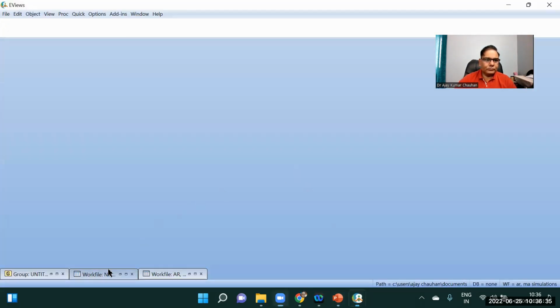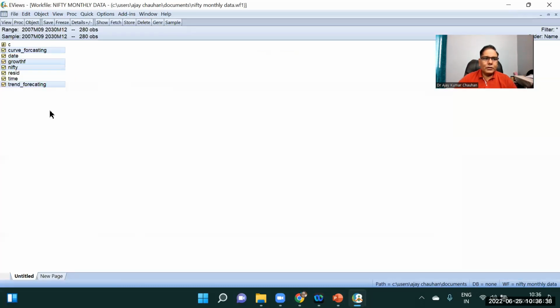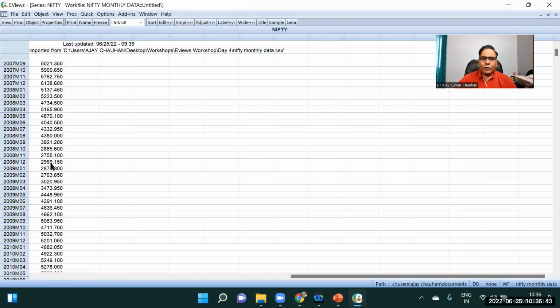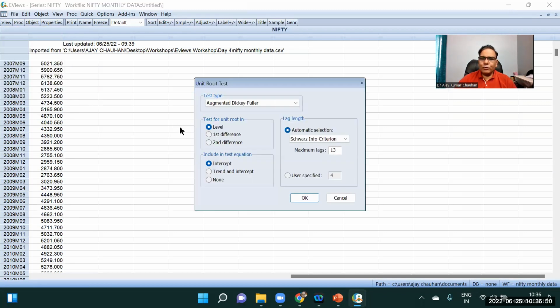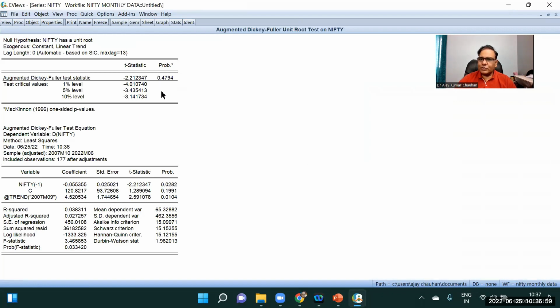So this is our Nifty. First of all, we have to check whether the Nifty is a unit root series or not. Whenever you do ARIMA, first of all you have to ensure that the series is stationary. I know that this is not stationary, so I have to check whether the series is stationary after taking the dlog.